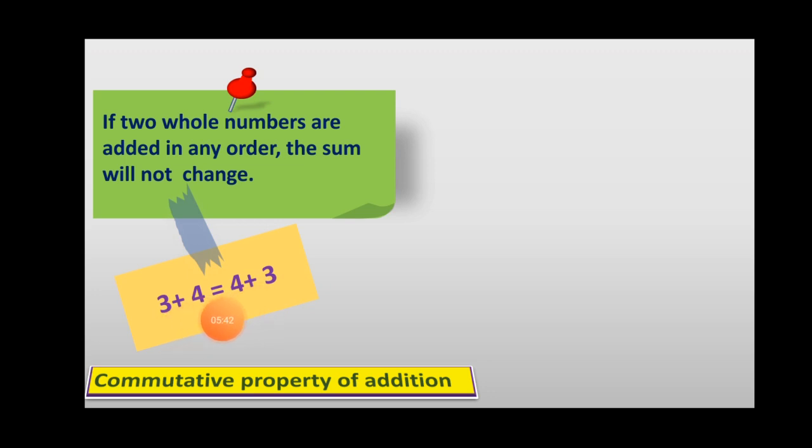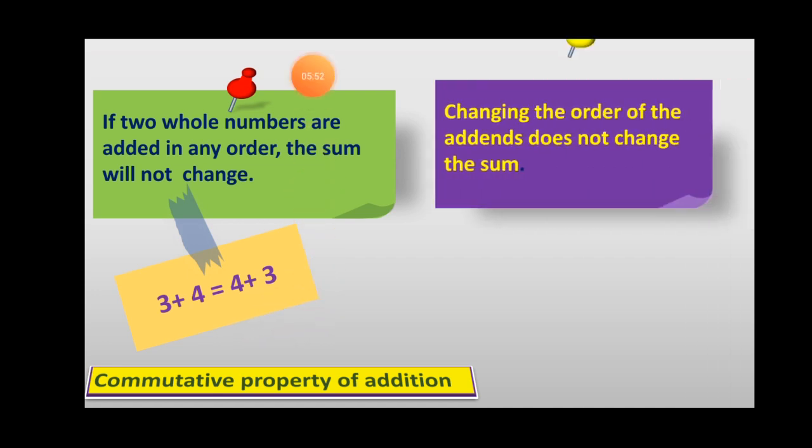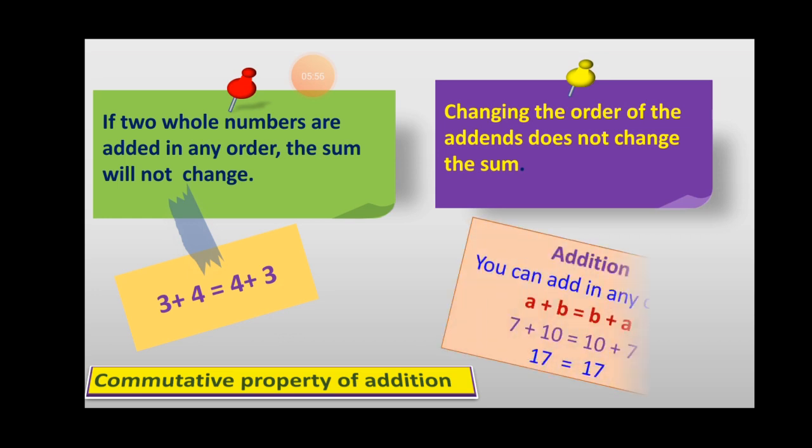Children, by performing the addition on both sides, by changing the order of the numbers, we have obtained the same sum, that is equal to 7. So we can say that changing the order of the addends does not change the sum.